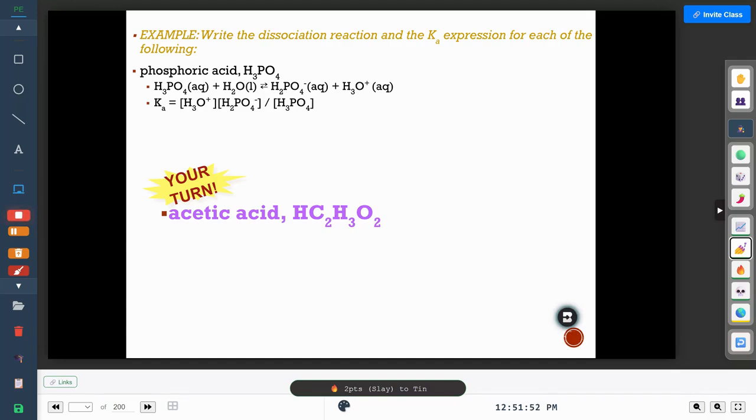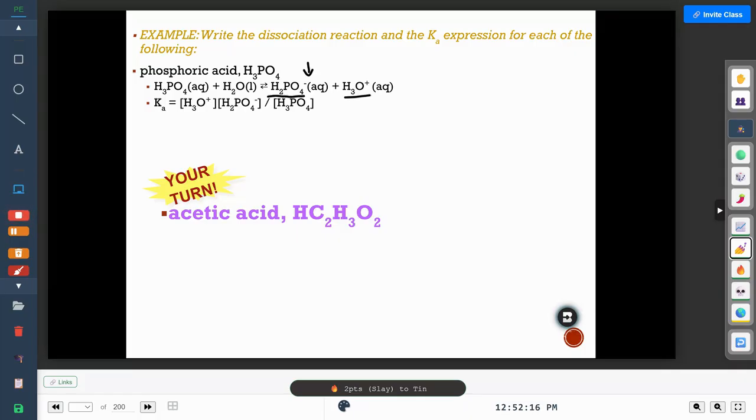So let's look at phosphoric acid. Phosphoric acid is the stuff that you see in your darker sodas, your Cokes, your Dr Peppers, things like that. Now, this is a weak acid. And so we have a dissociation equation we write with it. The H3PO4 turns into H2PO4 minus. Don't forget about your little minuses up there. Then it's also going to give you the product of an H3O plus.